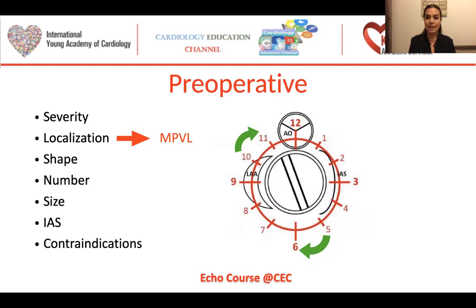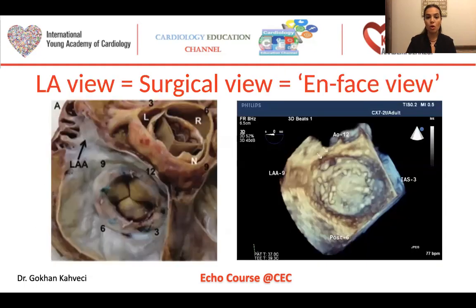We are orienting ourselves according to these clock positions. So the aorta will be at 12, LAA at 9, and the interatrial septum on the right-hand side at 3 o'clock position. As I said, LA view, surgical view, and the NFOS view are all the same.